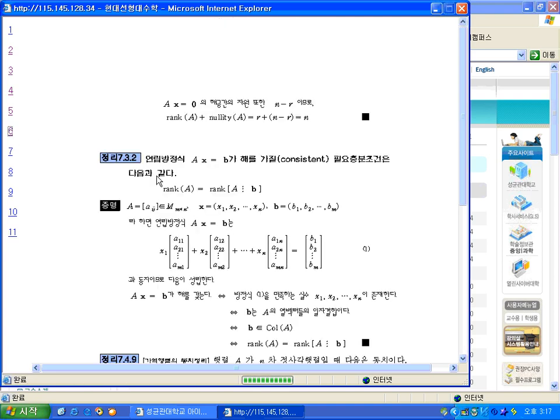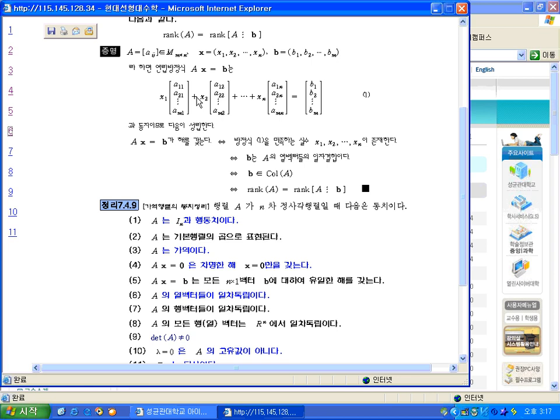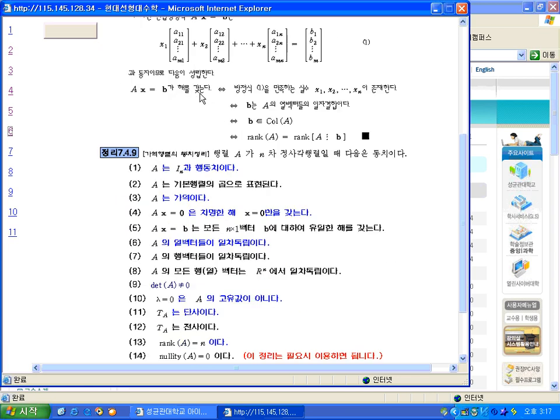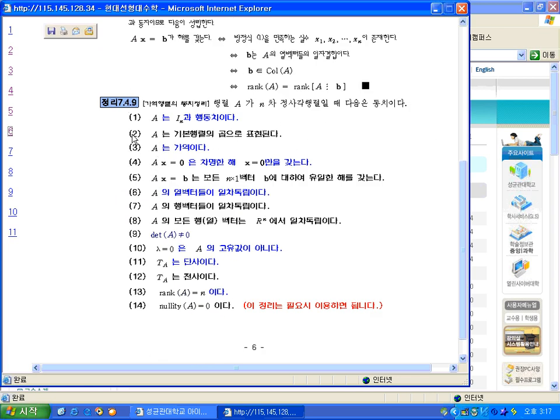It also has full details of most of the proofs. And for theorem 7.4.9, I have uploaded the full detail of the proof with some more equivalent statements on this theorem.